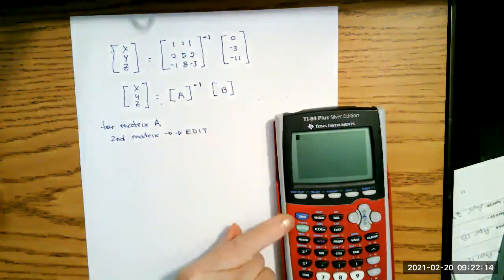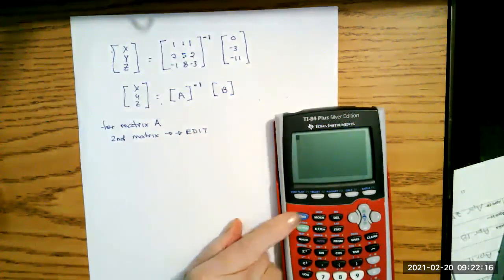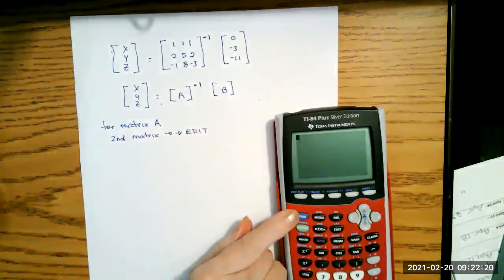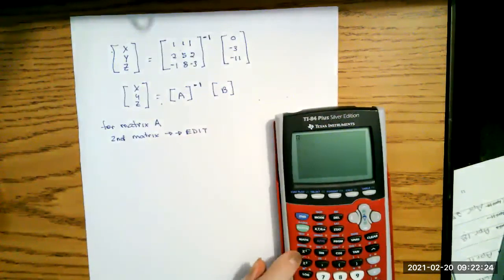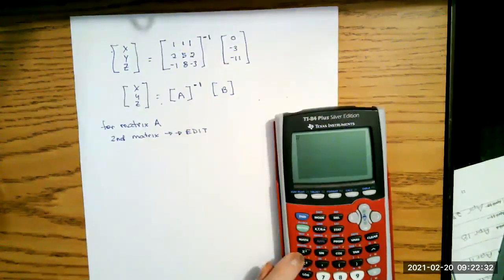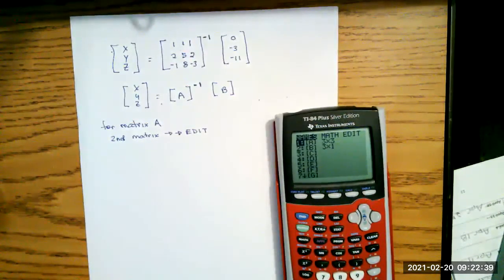So I'm hitting the second key, which is the little blue key, and it's going to make the things that are in blue here be what I'm getting. So I do second, and the matrix is above this x to the -1, which I will use when I get ready to put my inverse in. So it's right above that key, and you can see that you get names, math, and edit.